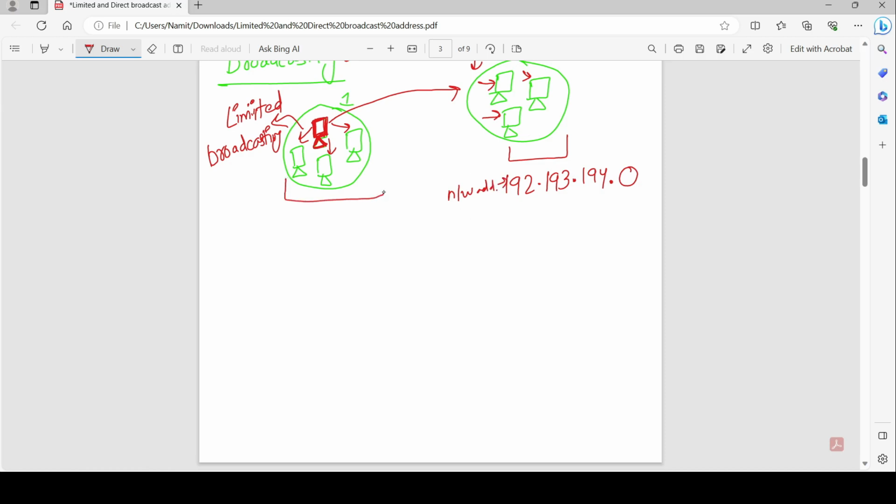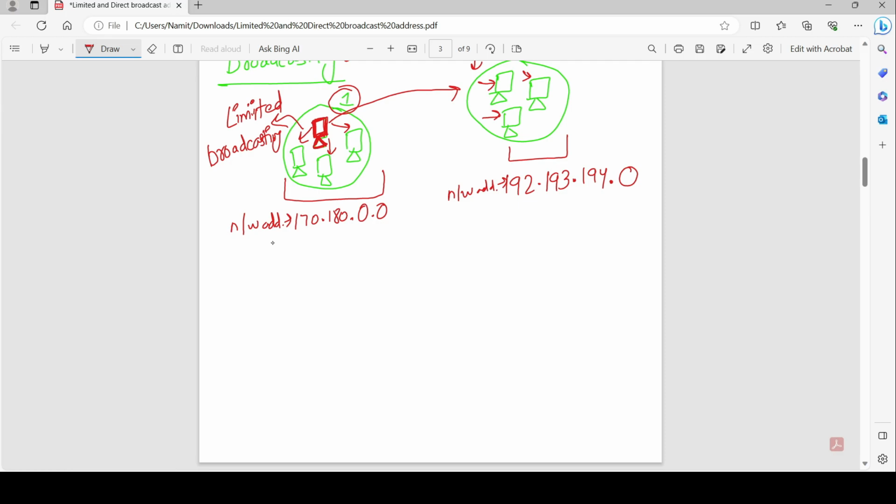Let's assume the network address of network 1 is 170.180.190.200. The last 2 bytes would be 0. Thank you, Kansha, for correcting me. So this is my network address.